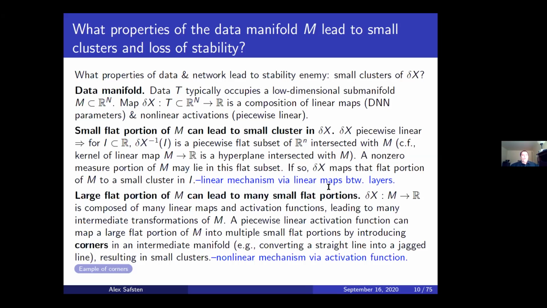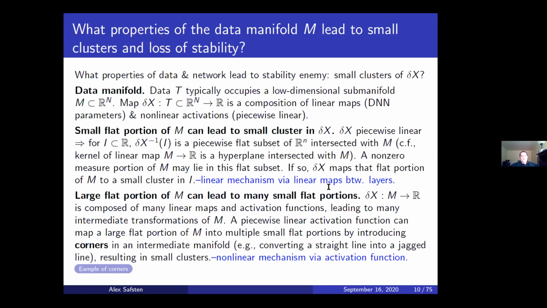So we want to rule out data manifolds that have small flat pieces. We will call this the linear mechanism for instability.